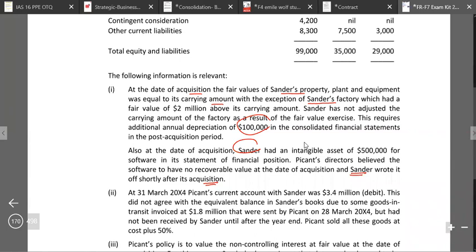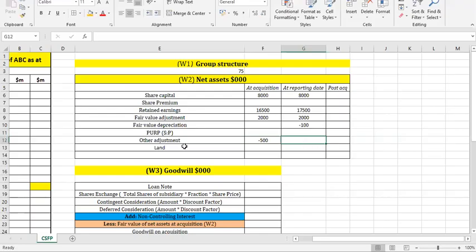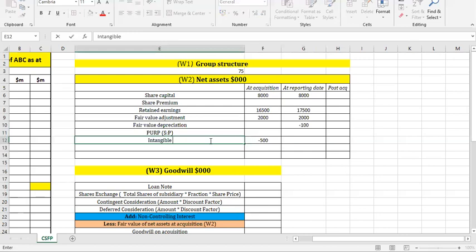That means it was written off after its acquisition. That means at acquisition it was present, so we just removed it from the acquisition. That is good. Fine. So this was the intangible asset written off.